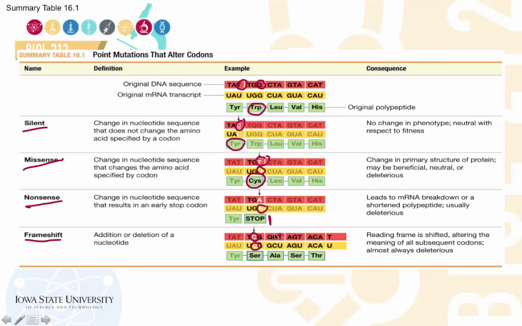This leads to a change in the frame of the codons, which results in a completely different sequence of amino acids from the original one. Thus, frameshift mutations lead to a shift in the reading frame of the mRNA, altering the meaning of all subsequent codons, and this results in synthesis of a completely different sequence of amino acids past the mutation. Frameshift mutations are most often dangerous to an organism's health.